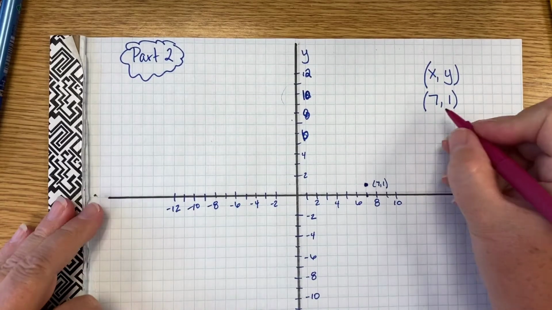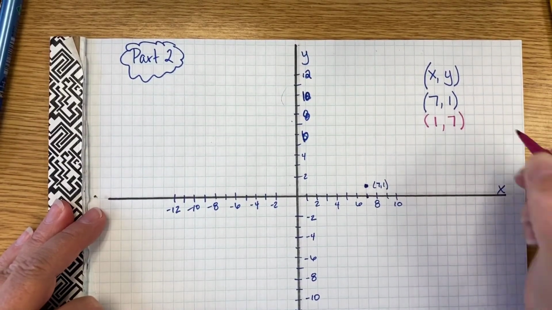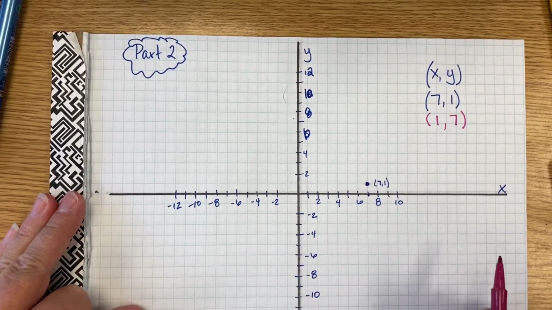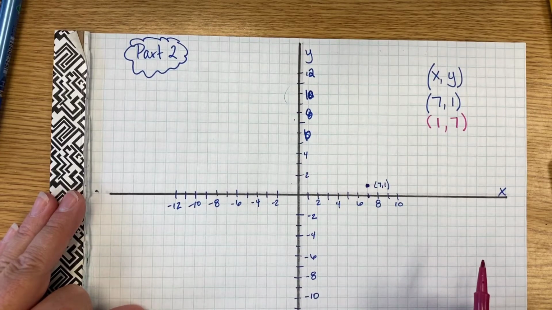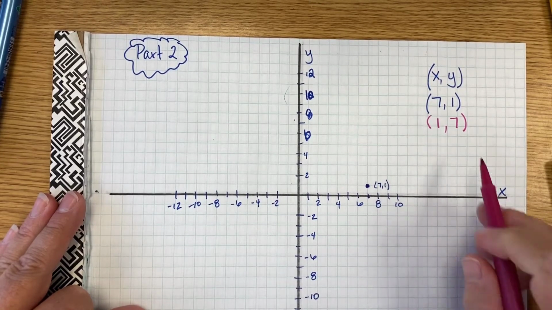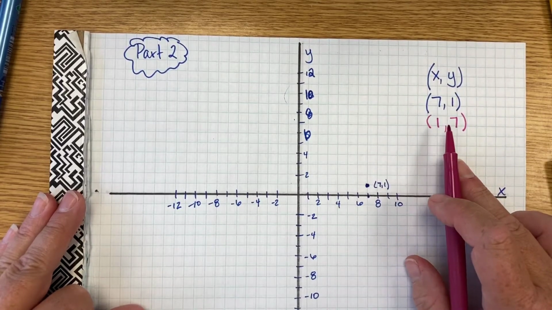And let's look at what if I did 1, 7 as my new ordered pair. What do you think we would have to do? I can hear you all saying it. So let's look at, so again, the first number is the x. And so for this one, it's 1.